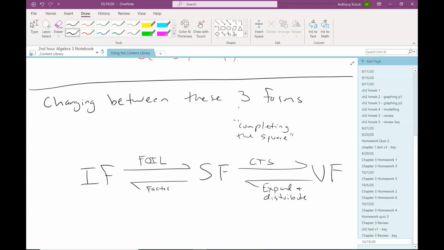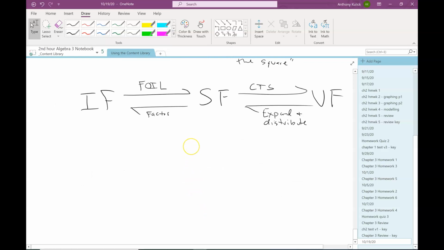So let's look at some examples of how we do each of these 4 steps. We're not going to get to all 4 of them today, but that's okay.